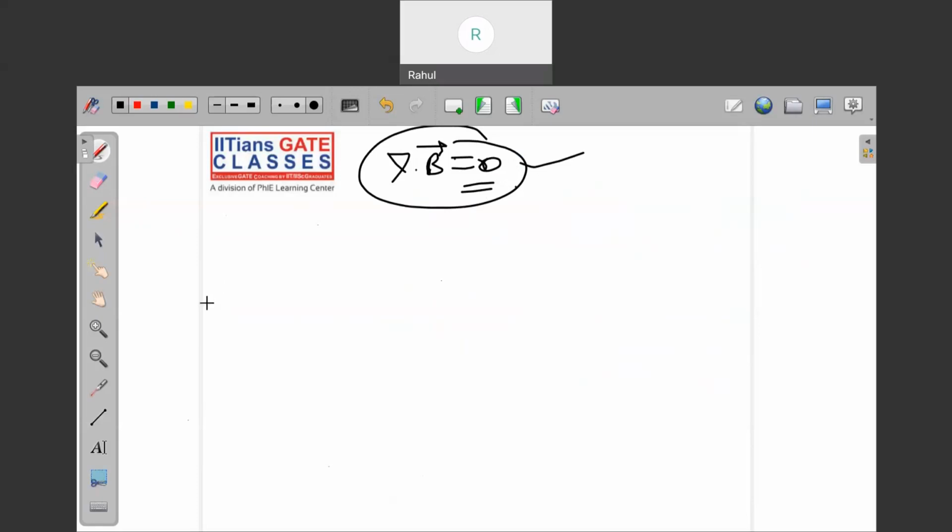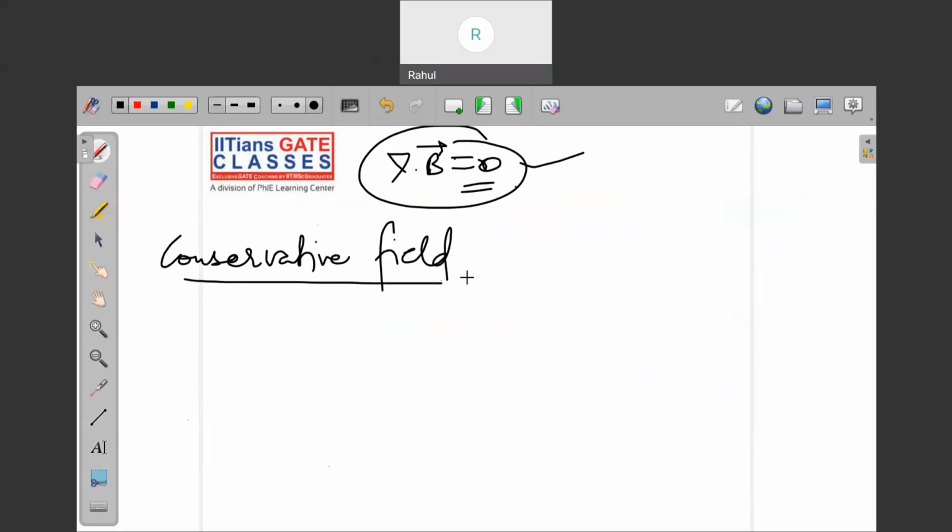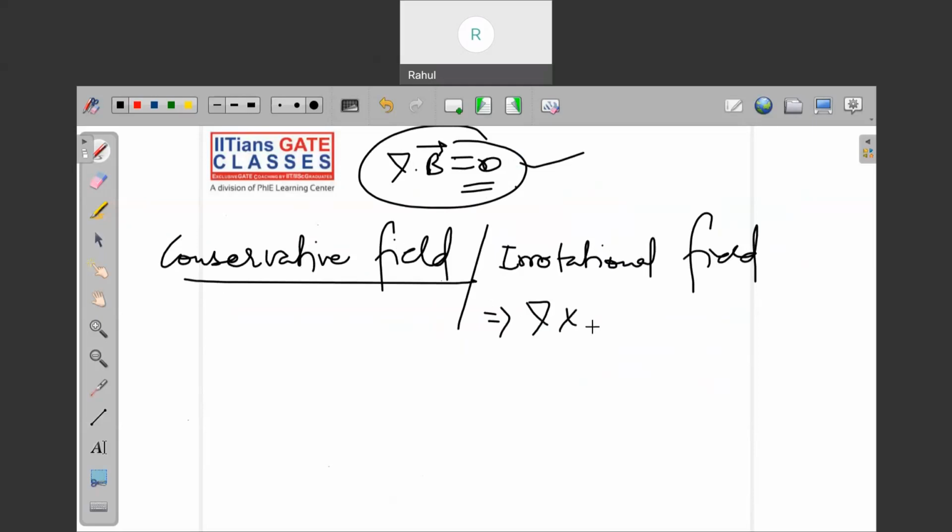Now let's talk about conservative field. As I said, the conservative field or irrotational field, right? What does it mean? The curl of a vector is equal to 0, right? It is also known as the vortex field, right?